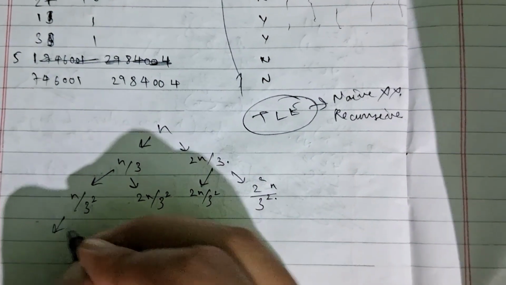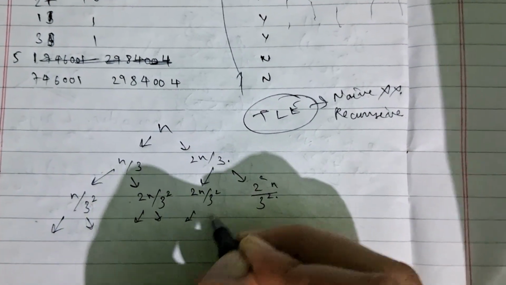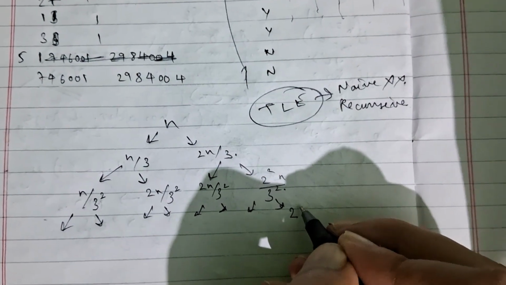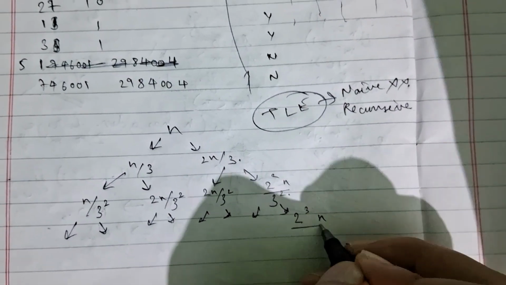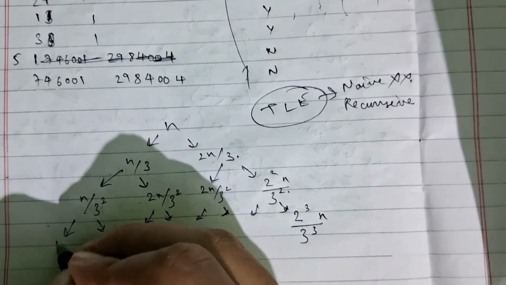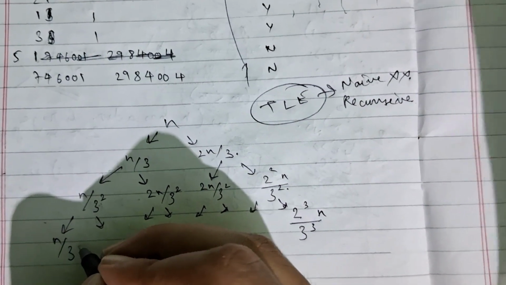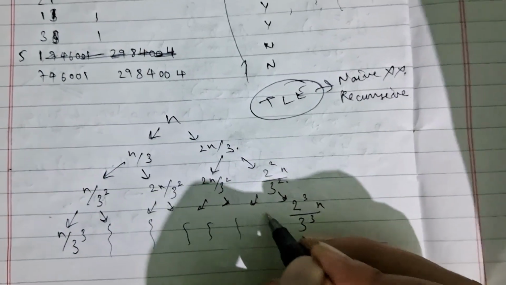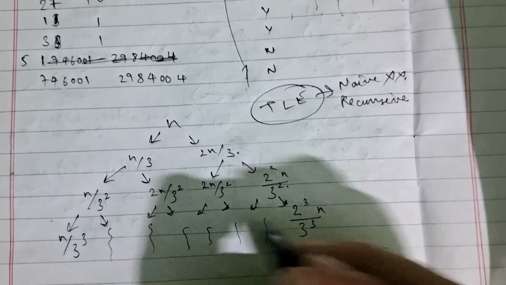This goes on dividing. This becomes 2 to the power 3 n by 3 to the power 3, and this becomes n by 3 to the power 3. All the ones in between lie in between this range.